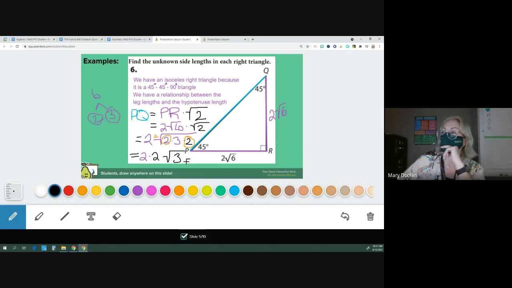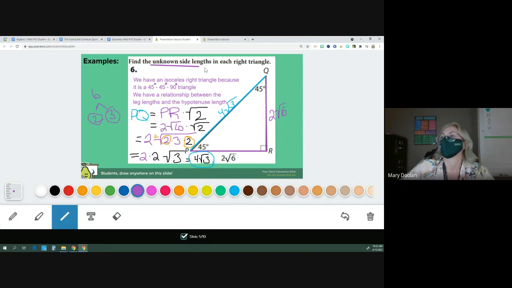So this is actually going to be equal to 4 times the square root of 3, which is what I was looking for. This is the hypotenuse length. So this is 4 times the square root of 3. Okay, and now I've done what it's asked me to do, which is to find the unknown side lengths. Okay, I found all of them. They gave me 1, but from that I was able to figure out the other 2.